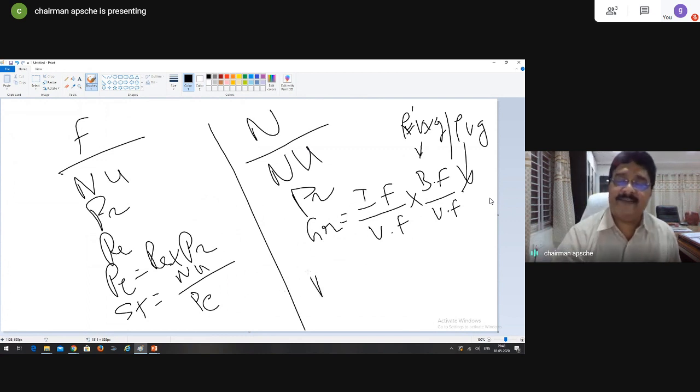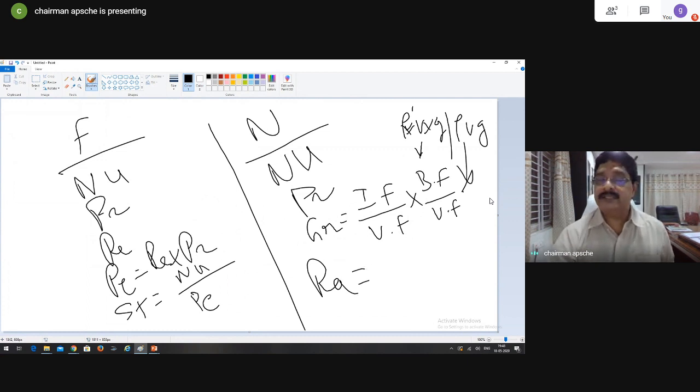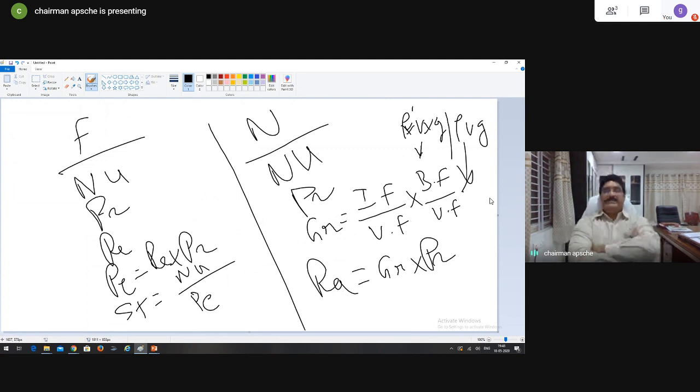And there is a derived number, even in natural convection, which is called the Rayleigh number. Rayleigh number is Gr multiplied by Pr. Rayleigh number is Grashof number multiplied by Prandtl number. Nusselt number is hL by k, Prandtl number is mu Cp by k. You know that.